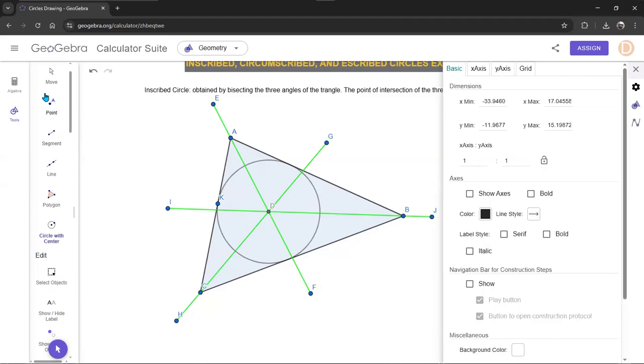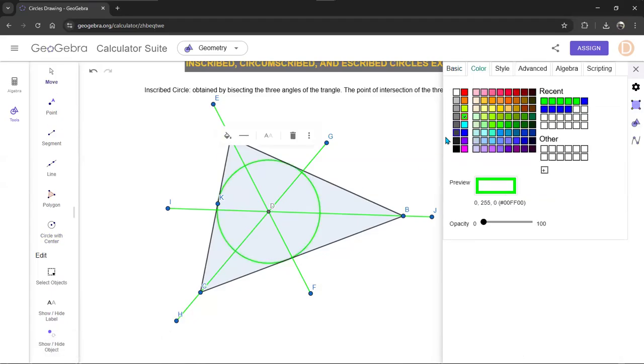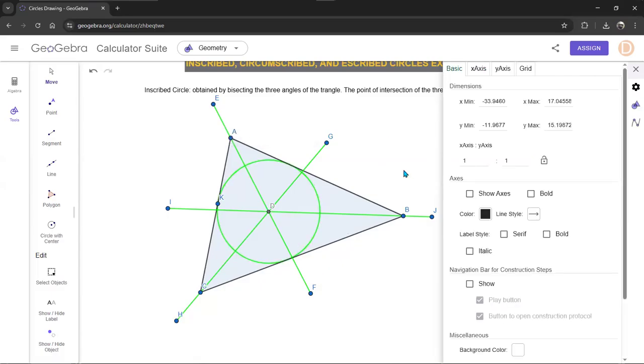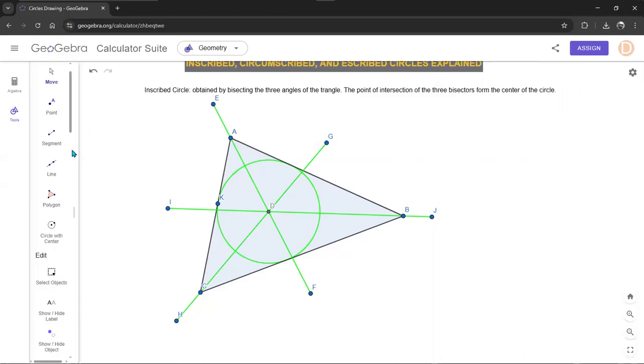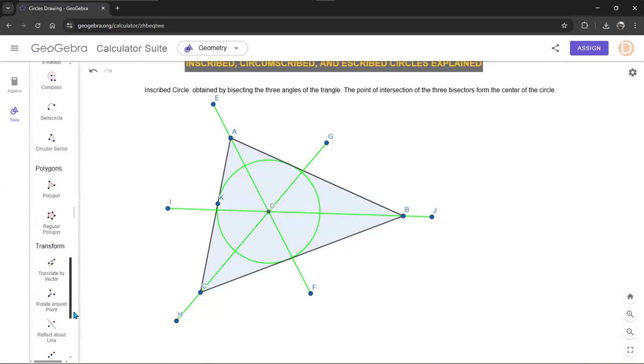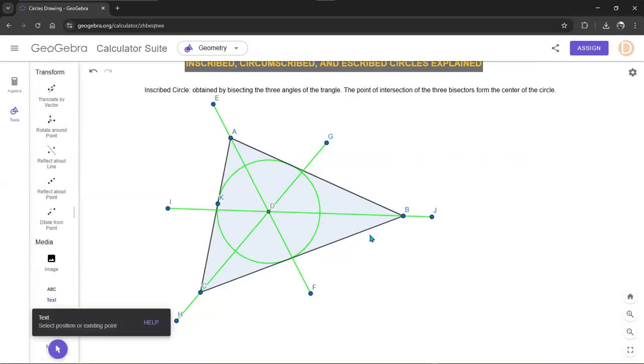So as I said before, I want us to use the same color. So you can see our inscribed circle is green. I think we can write it somewhere so that it will appear like a key.